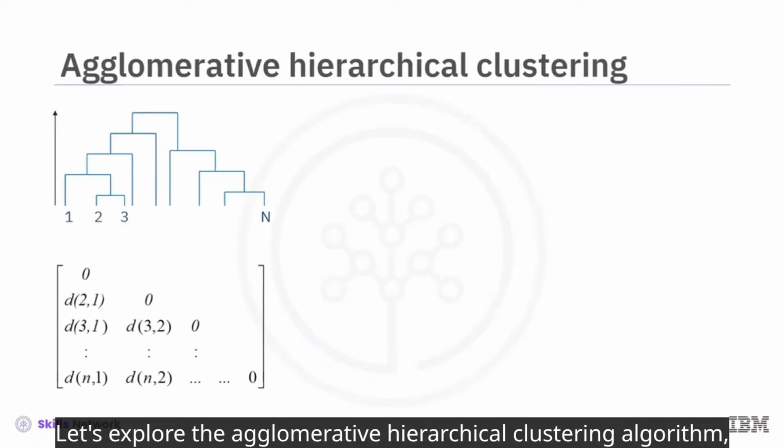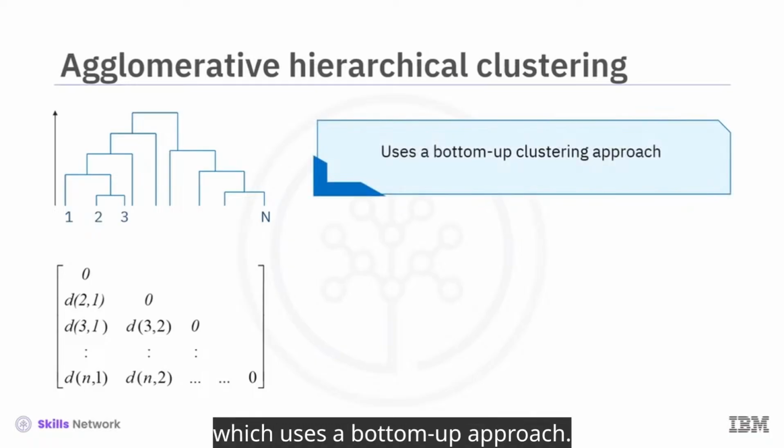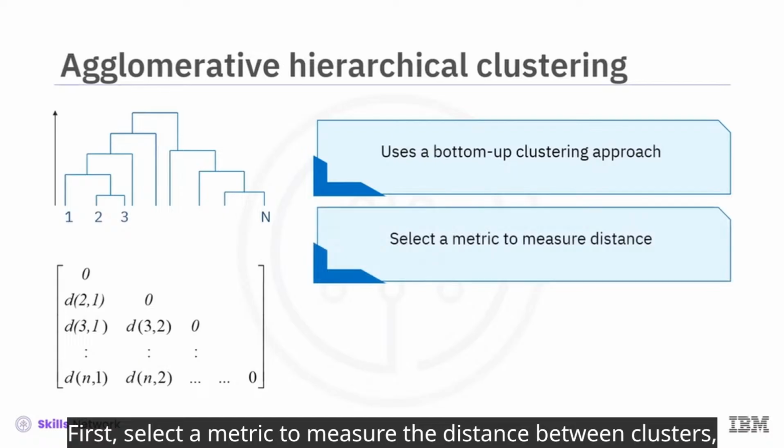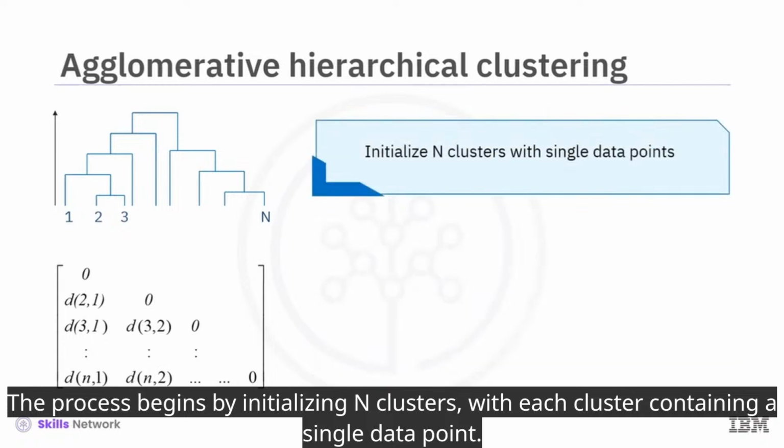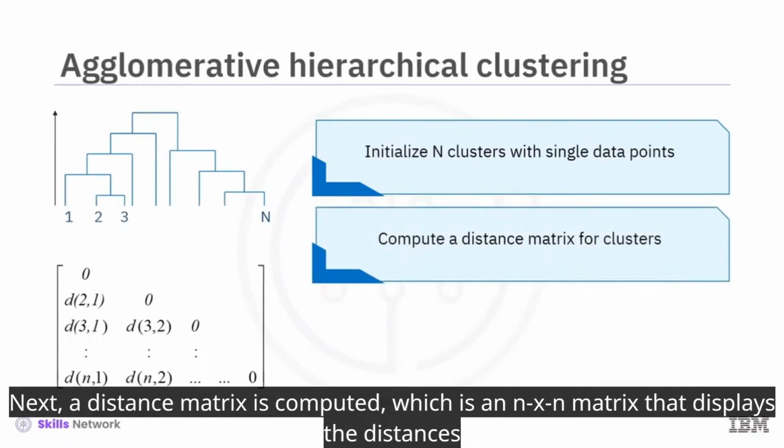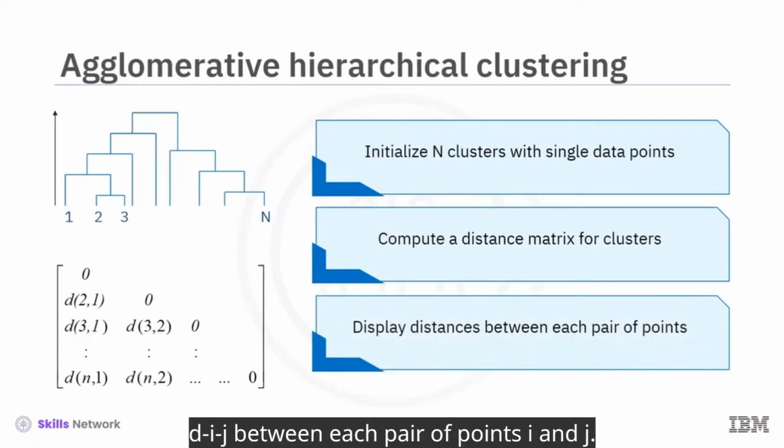Let's explore the agglomerative hierarchical clustering algorithm, which uses a bottom-up approach. First, select a metric to measure the distance between clusters, such as the distance between their centroids. The process begins by initializing n clusters, with each cluster containing a single data point. Next, a distance matrix is computed, which is an n×n matrix that displays the distances d_ij between each pair of points i and j.